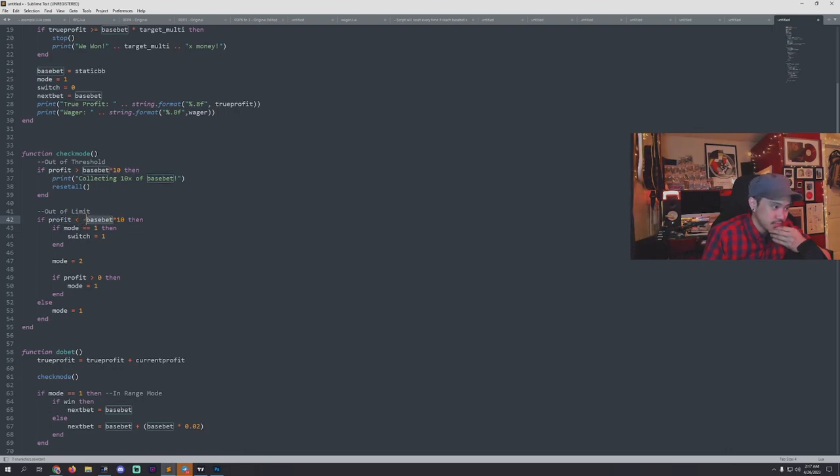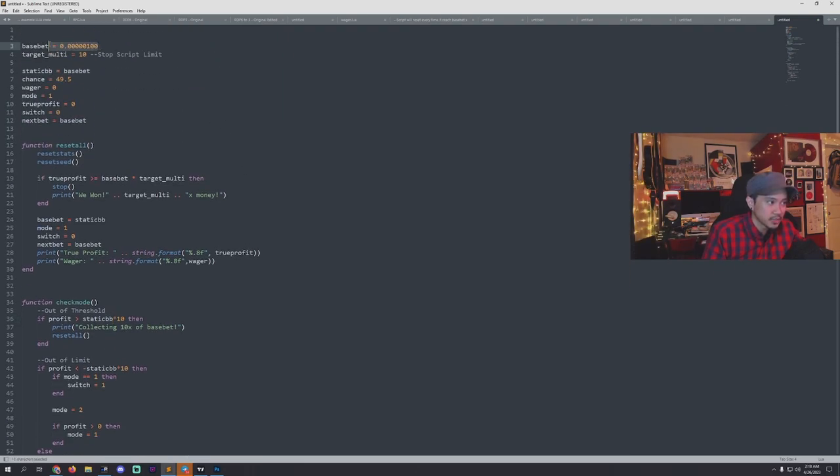Okay. So if profit is less than, we're not going to use base bet because base bet changes over time. We have to use static BB. Right there. And you know what? If profit is greater than static BB too, we'll do that to be safe because static BB holds the original 100. Static BB, it's just static.